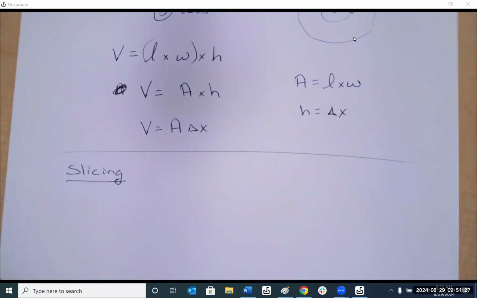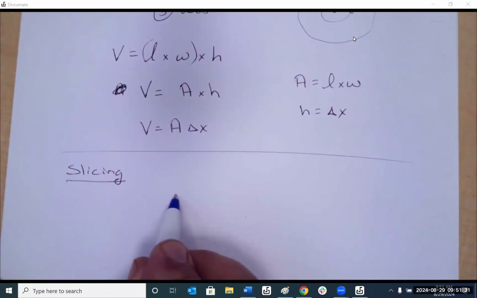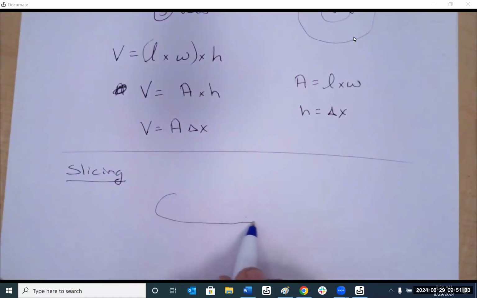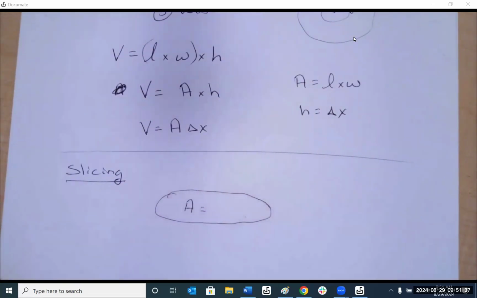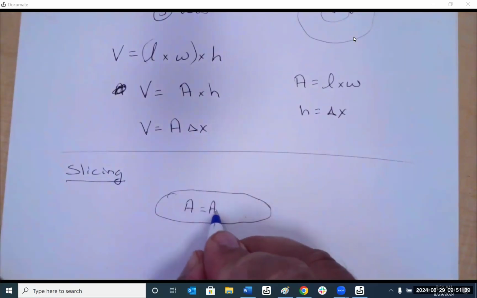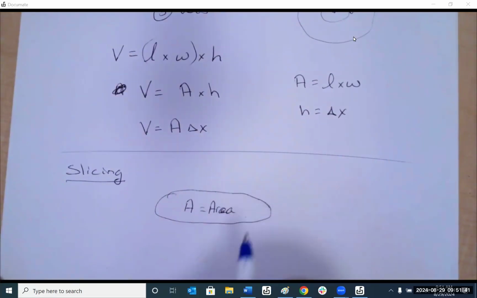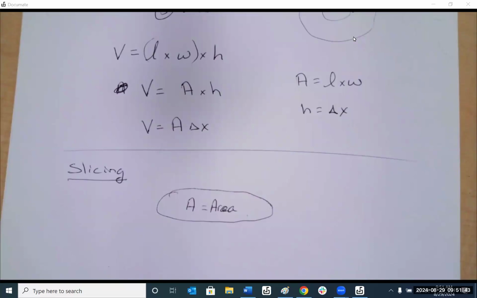In slicing, the base of the object represents the area. That's our two-dimensional object.